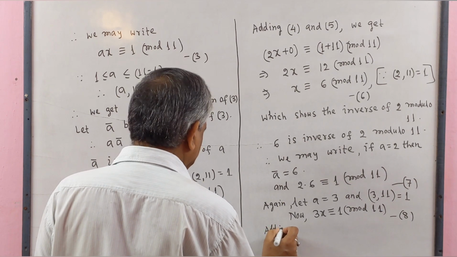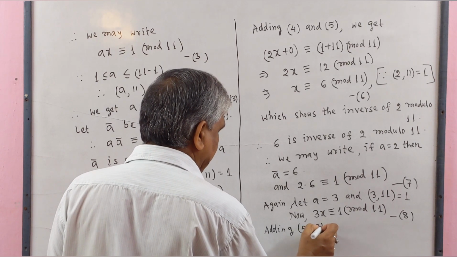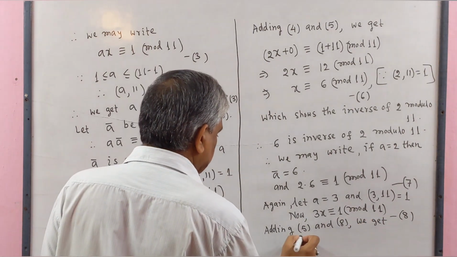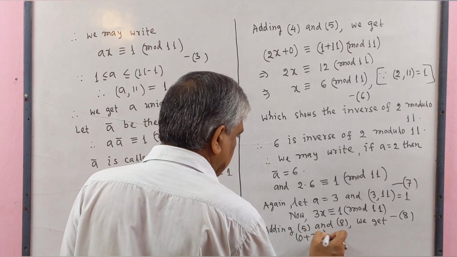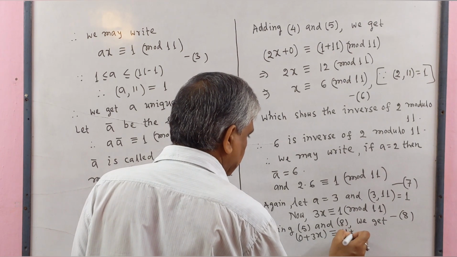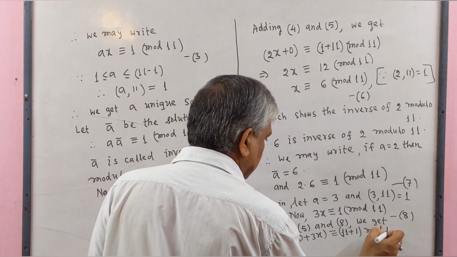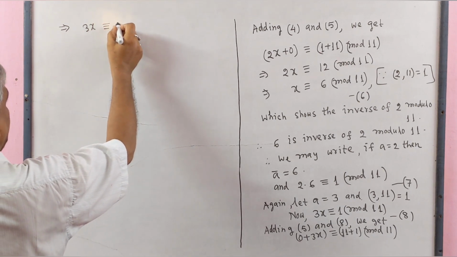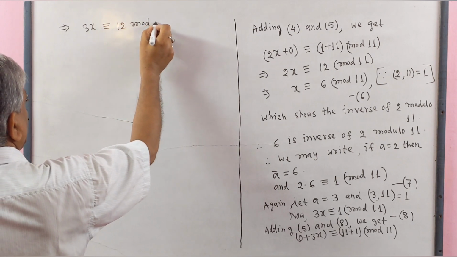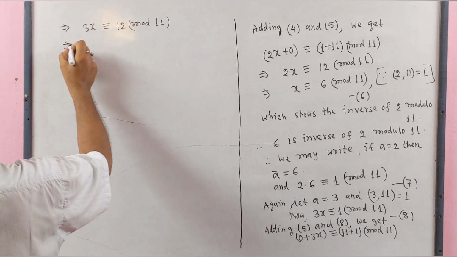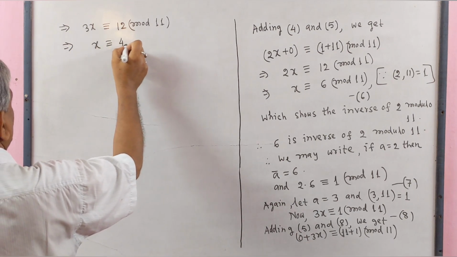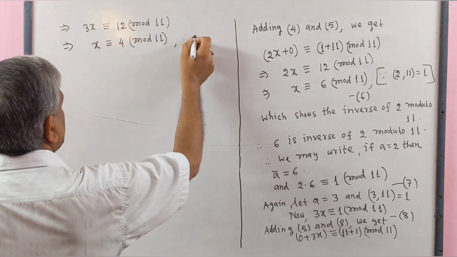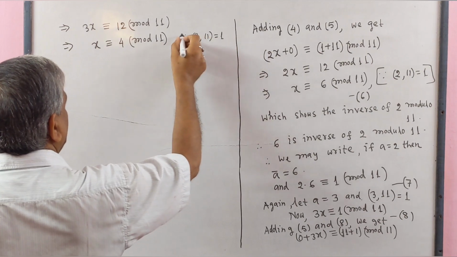Adding 5 and 8, we get 0 plus 3x is congruent to 11 plus 1 modulo 11, implies that 3x is congruent to 12 modulo 11, implies that x is congruent to 4 modulo 11, since GCD of 3 and 11 equal to 1.